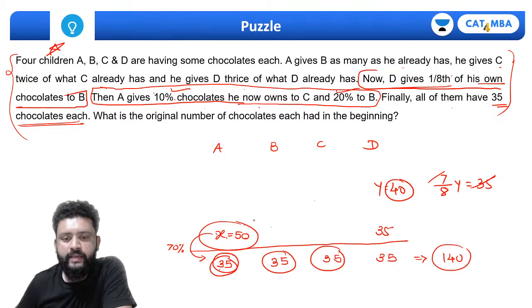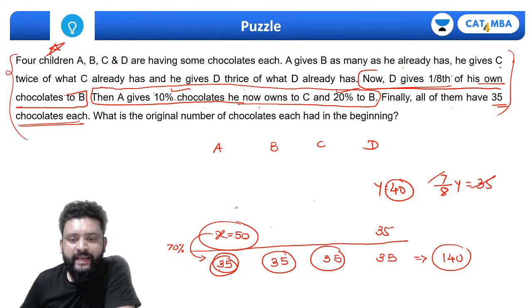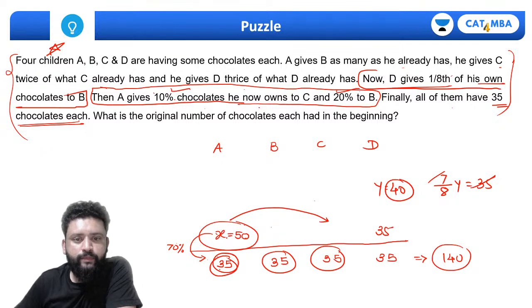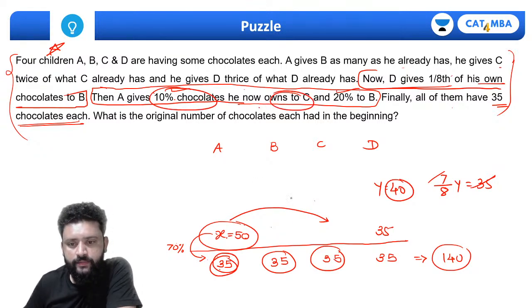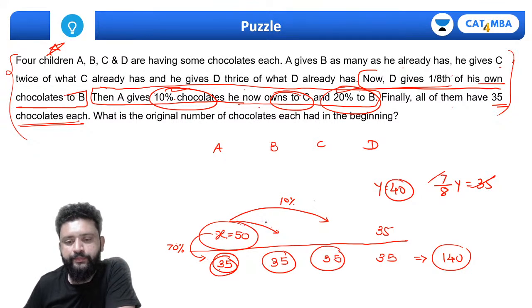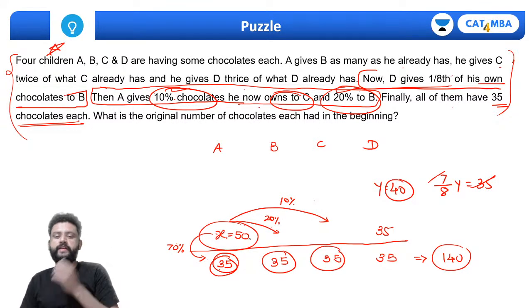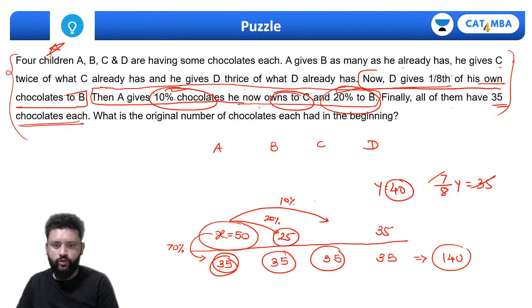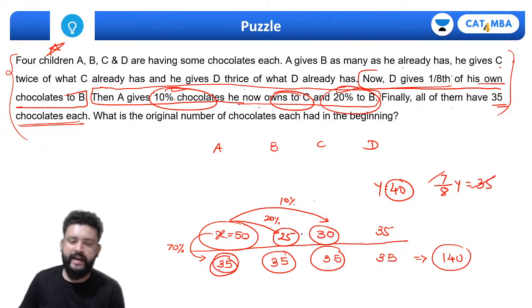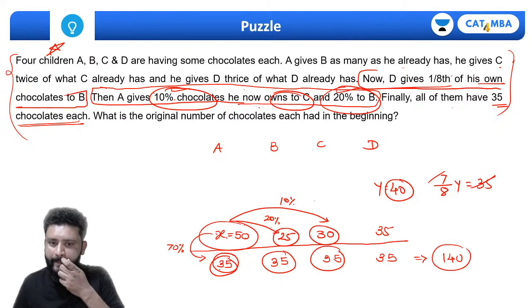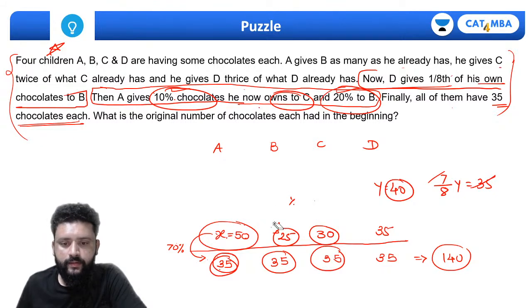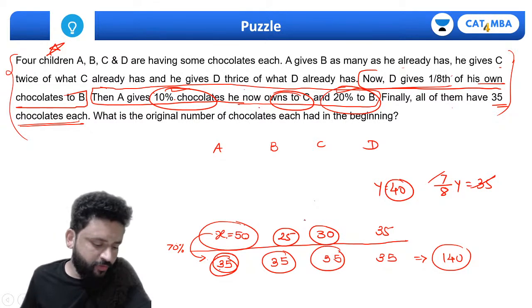जस्ट मिनट, ये सही था। और यहाँ पे मैंने सीक्वेंस चेंज किया है, 10% चॉकलेट्स टू सी और 20% टू बी। सॉरी, दिस वॉज 20% टू डी, 20% इज 10, तो यहाँ पे 25 होना चाहिए, और यहाँ पे 5 दिया था, यहाँ पे 30 होना चाहिए। इज इट राइट नाउ? All of you with me?